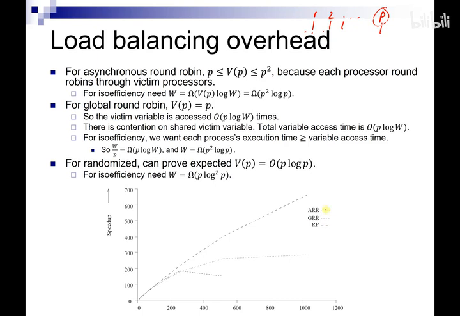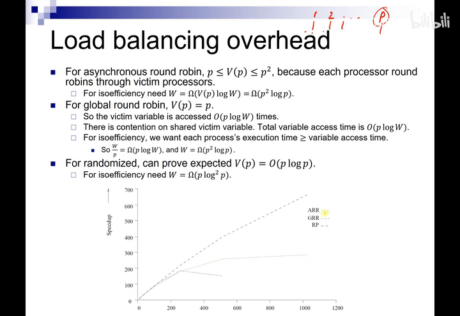This is the asynchronous round robin. It's scalable up to maybe 500 processors, but beyond that, the cost of work stealing is too large, and the speedup plateaus.